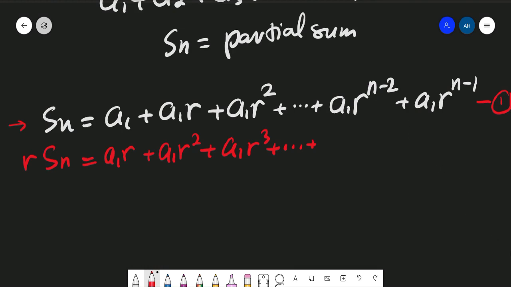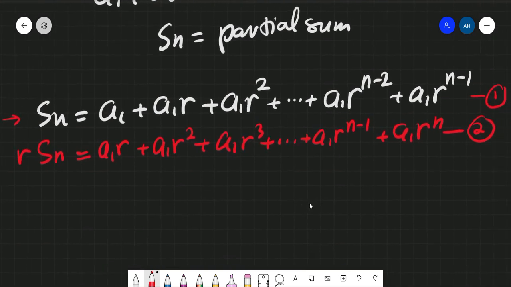So for this term, it will be a1 r to the power n minus 1. Now for the last term, a1 r to the power n minus 1 multiplied by r, the power of r will have to add 1, so n minus 1 plus 1. The 1 and negative 1 will cancel, so the power of r will just be n. So the last term will be a1 r to the power n. Now let's call this equation number 2.